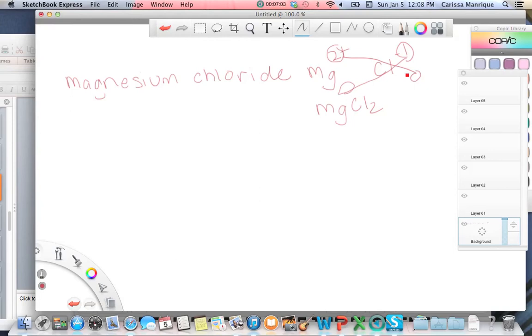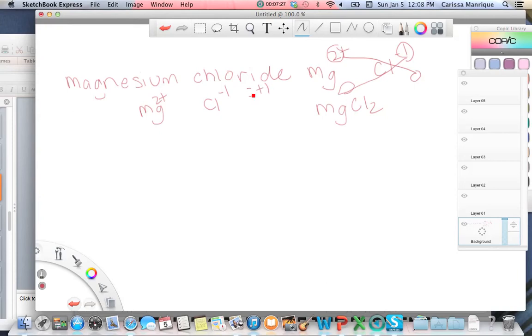See, the 2 went to chlorine, the 1 went to magnesium. And this is just to neutralize them. Magnesium has a 2+ charge, but chlorine has a -1. Now 2+ and a -1 would still equal a +1, right?